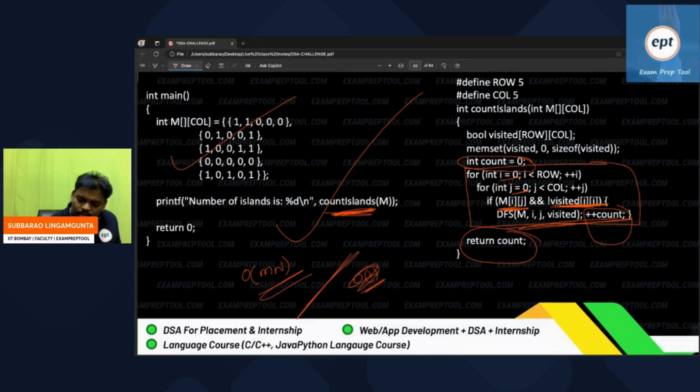Space complexity is order of M N, in the same way: one table is required for visiting purposes, to check whether he is visited or not, because there are M N people here. The visited marker takes order of M N. Please understand BFS, it is exactly like counting the number of connected components.